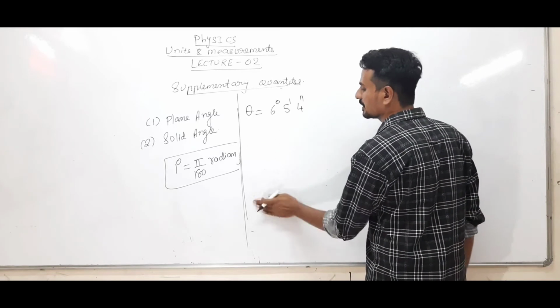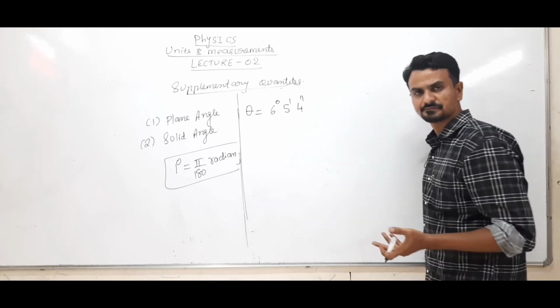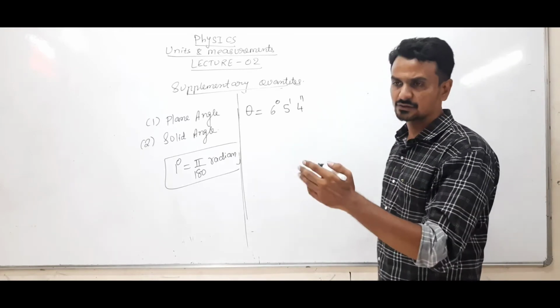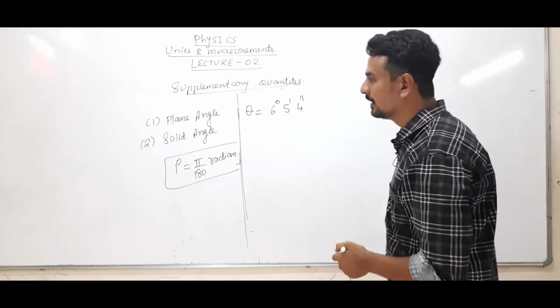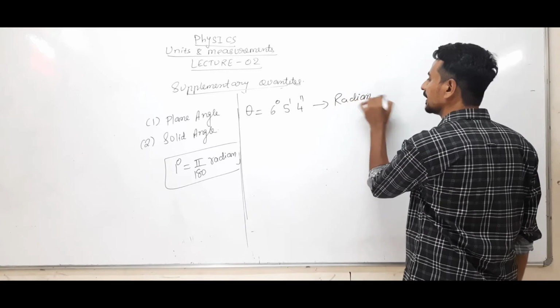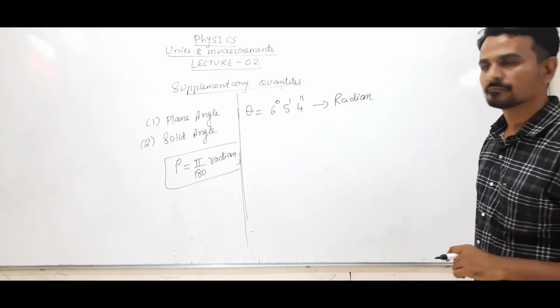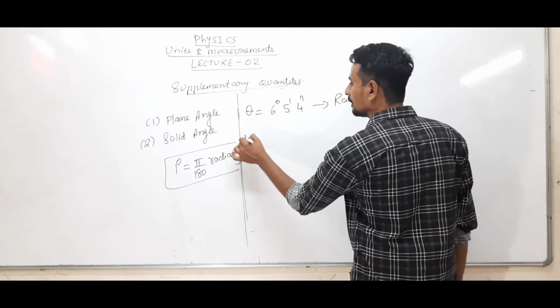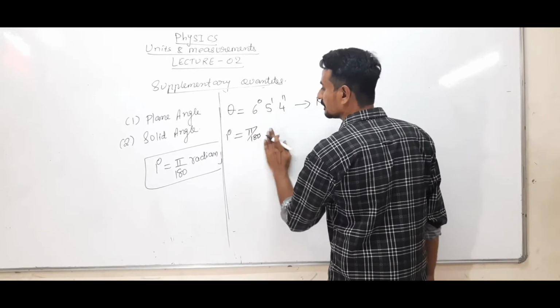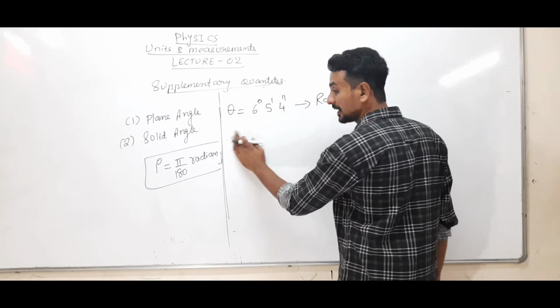Let us first convert theta into degree. You can convert theta into minutes also, or into seconds also, that is up to you, no problem. We want theta in radian; the final answer should be in radian. 1 degree is pi by 180 radian. First let us convert the whole theta into degree.